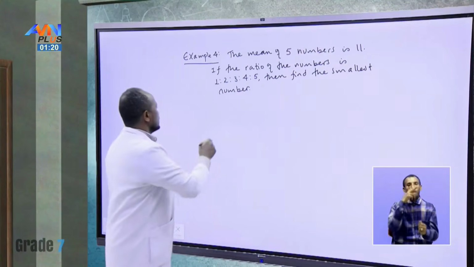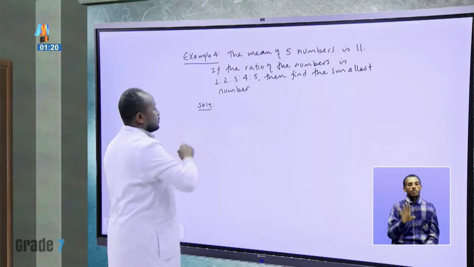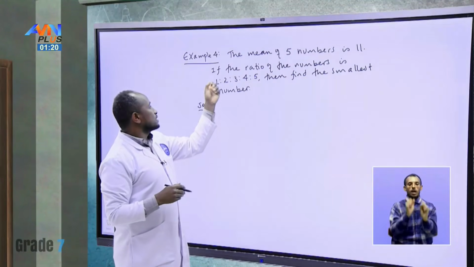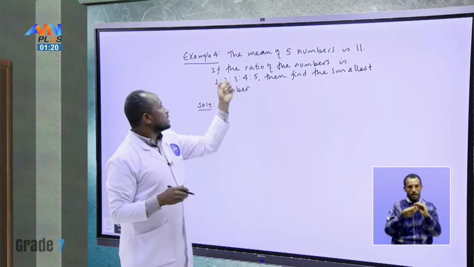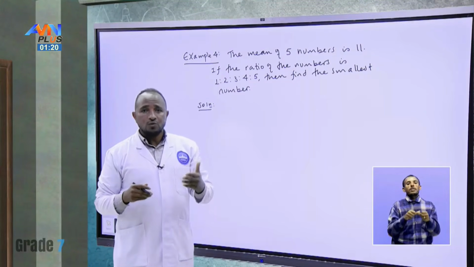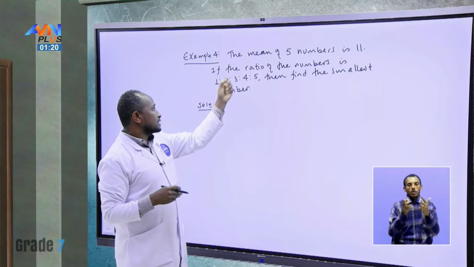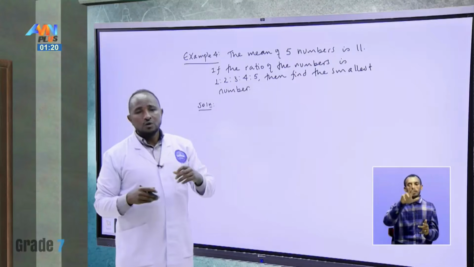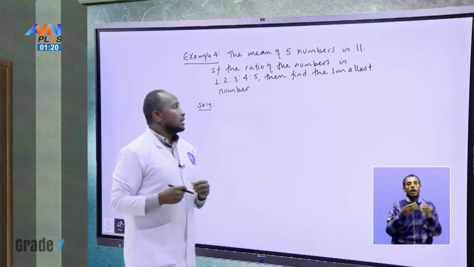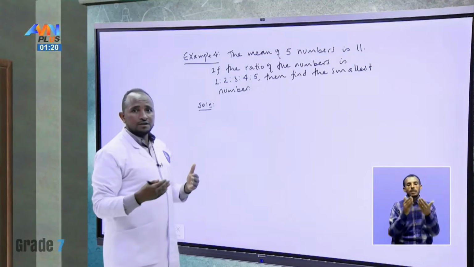Since the numbers are not known but the ratio is given, we can assume the numbers are in the lowest terms and multiply each term by a constant number, say x. So we assume the smallest number to be 1x, the second number 2x, 3x, 4x, 5x.